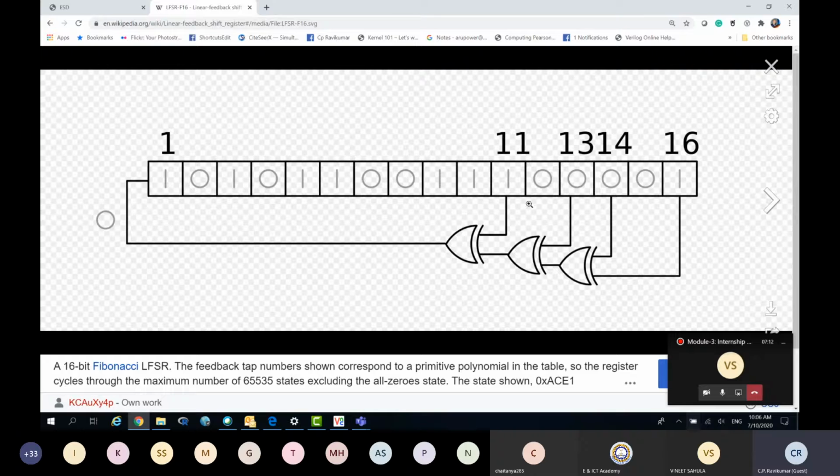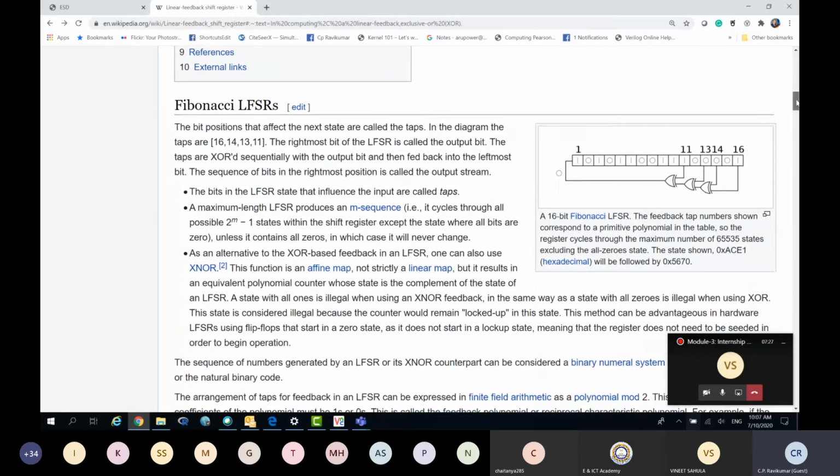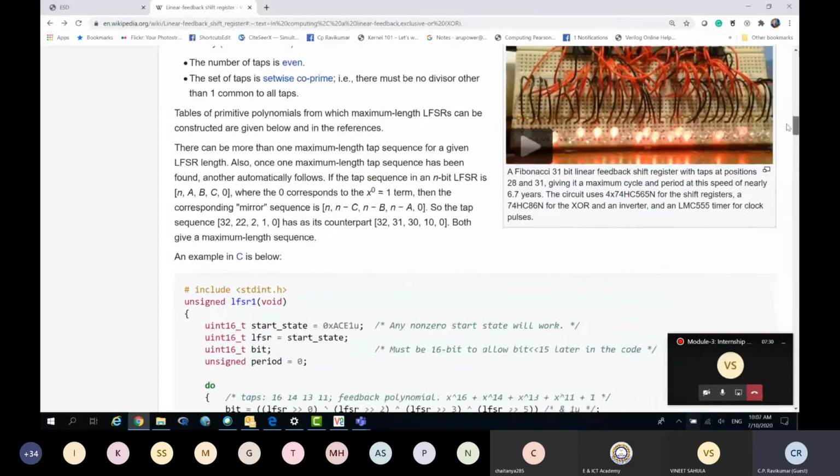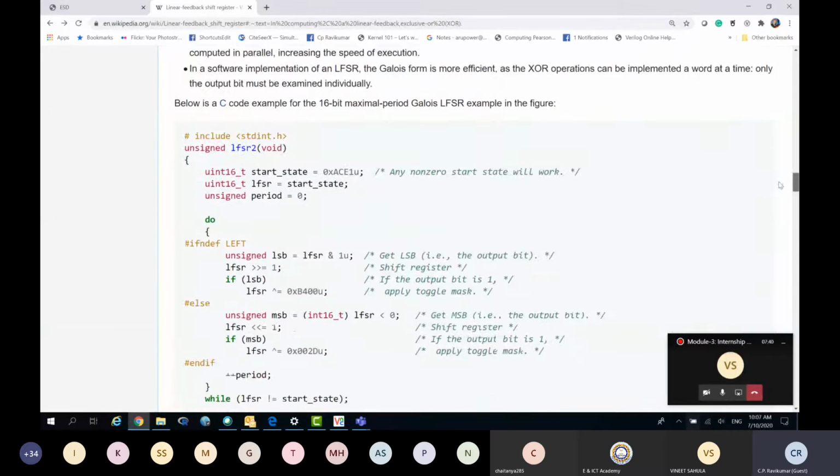So the reason it's called linear is because it's sort of an addition, right? And it's a feedback shift register because we are feeding it back, right? Where is it useful? There are a lot of applications of LFSRs. It can be used as a sort of random number generator, right? You can use it to generate random numbers, right?